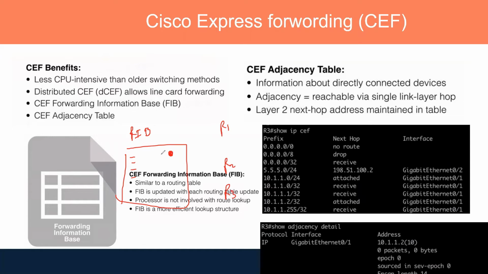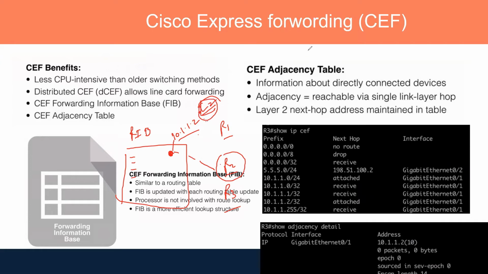Let's say the next hop is 10.1.1.2. But whether this next hop is on R1, R2, or R3, it doesn't know. So first of all, it has to find out where this next hop is located. So it does a layer 2 lookup to get this next hop information. Let's say it finds that the next hop is on R2. Getting that information is time consuming.